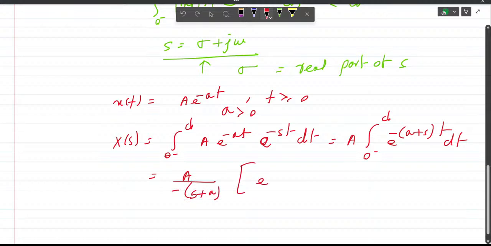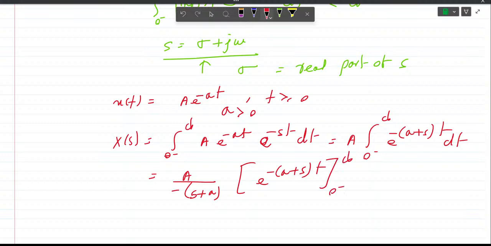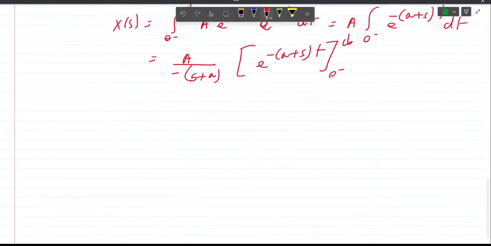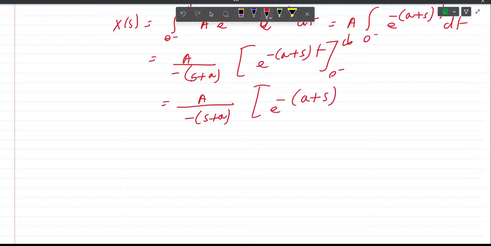Integration of e to the power at is 1 upon a times e raised to the at. So it simply becomes, minus a over (s plus a), e raised to the power minus (s plus a) into infinity, minus, when 0 minus or 0 plus does not make any change in this case, e to the power minus 0.